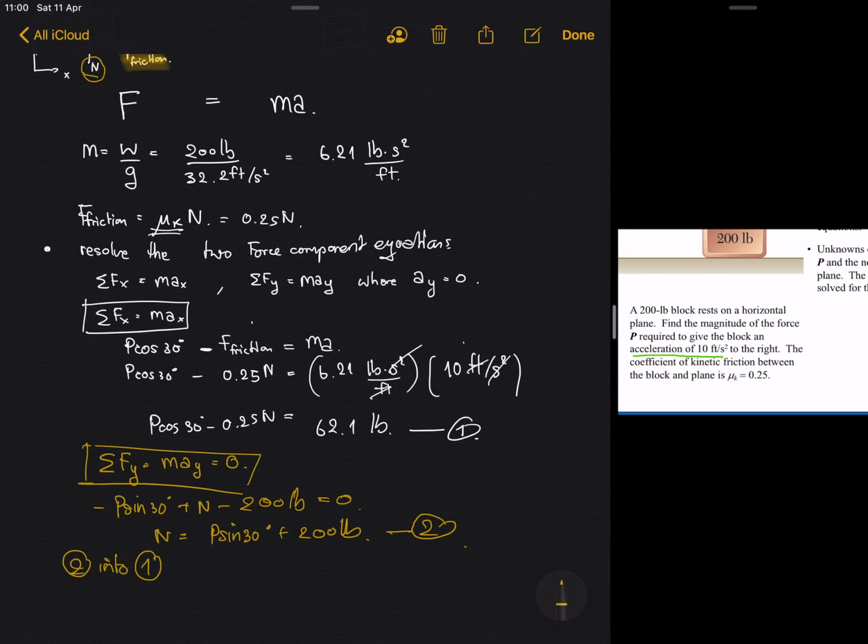So you substitute N by these equations. So you will have P cos 30 minus 0.25 times N, where N is P sine 30 degree plus 200 pound, equal to 62.1 pound. And then when you solve this, you get P equal to 151 pound.